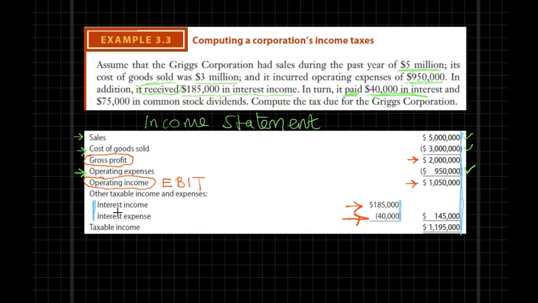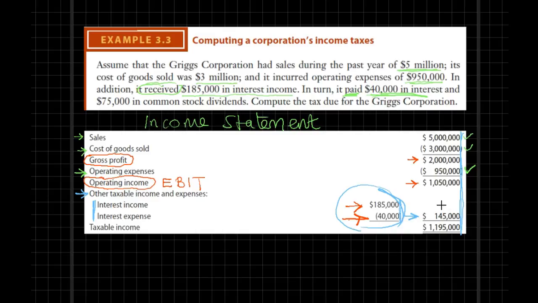Interest income and interest expense is part of our other taxable income and expenses, so we are separately treating those two accounts. Income is positive, expense is negative. $185,000 minus $40,000 will give you $145,000. That line will be underneath the main indentation, so the main alignment. So we did a sub calculation inside, and then we go back to our statement.